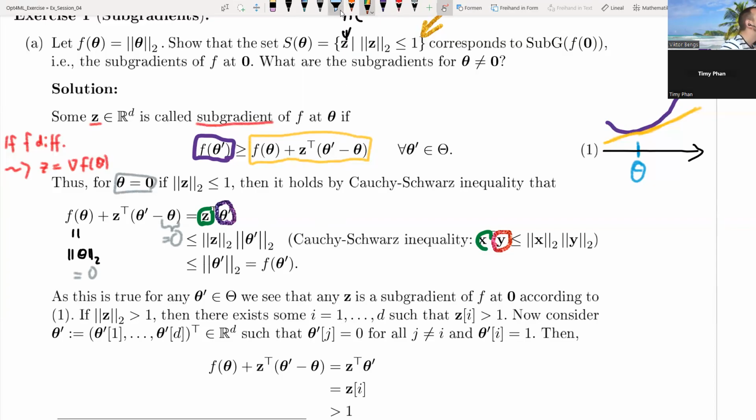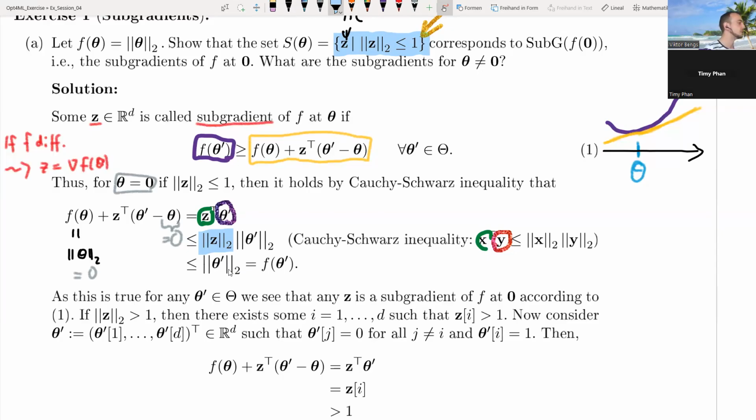Now, what do we use now? We use that z is inside the unit ball, so the Euclidean norm of z is bounded from above by 1. If we replace the Euclidean norm of z by 1, we make this only larger or equal.